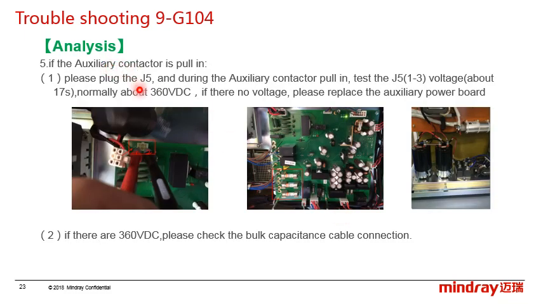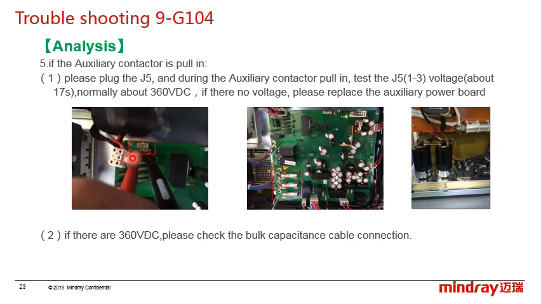For the other situation, where the auxiliary contactor is pulled in, we have to plug in the J5 connector first, and while the auxiliary contactor is pulled in, measure the J5 port 1 and port 3 voltage, and normally it's about 360 volt.